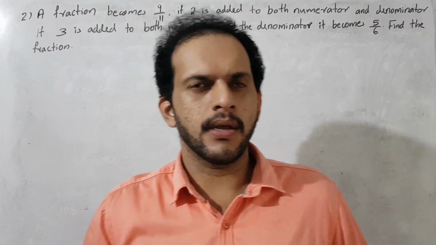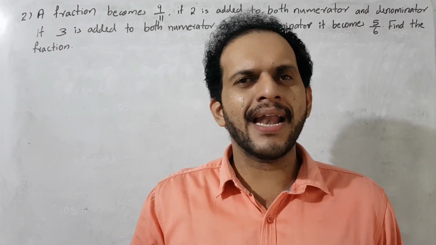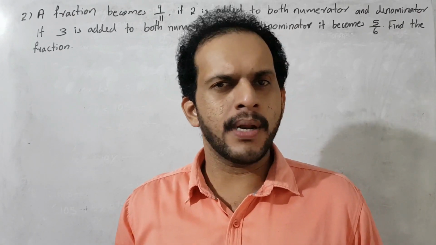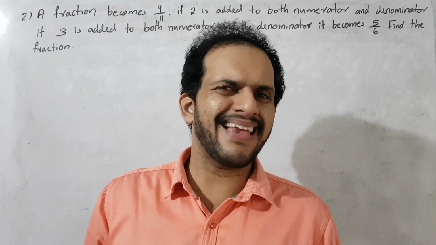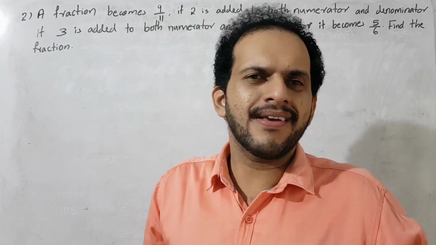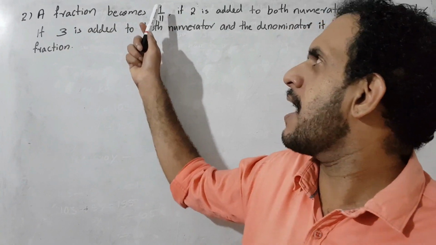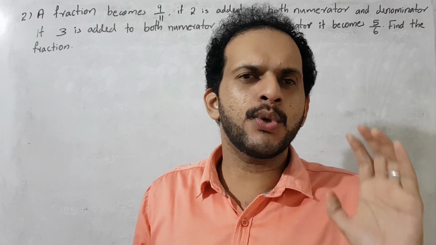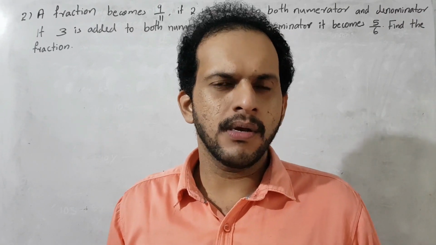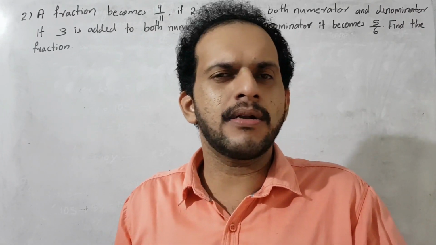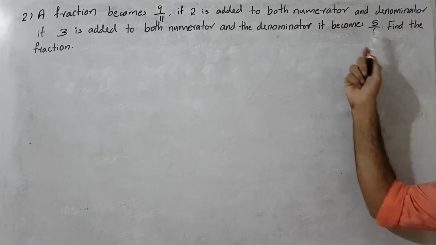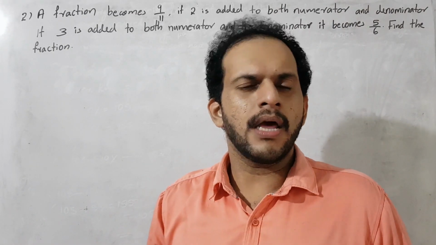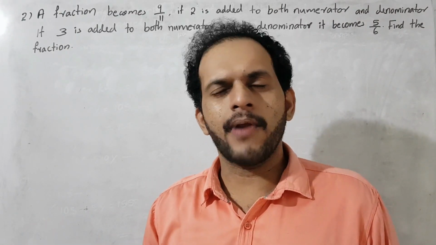In the fraction, first we add 2 to both numerator and denominator and get the result 9 by 11. The same fraction, if we add 3 to the numerator and denominator, the result becomes 5 by 6. So the question asks us to find the fraction.